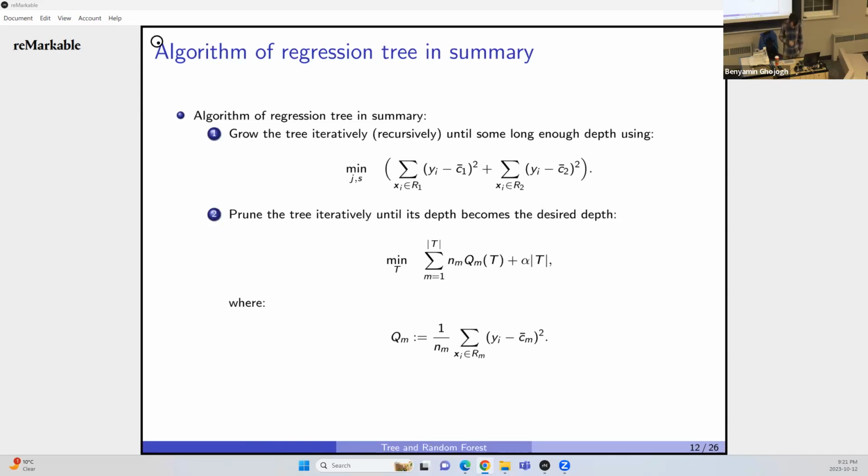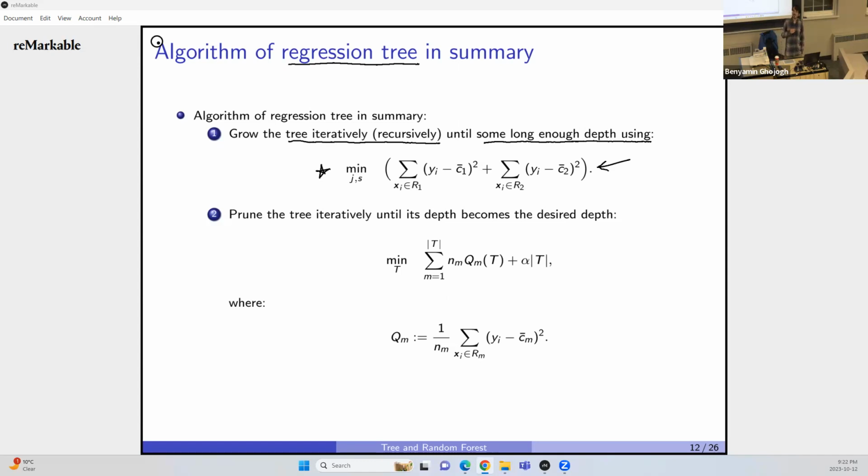Now, the algorithm of the regression tree in summary. Grow the tree iteratively, recursively, until some long enough depth using this. I didn't tell you how to do the optimization. Now I tell you. I want to find J and S, right? J is discrete, S is a float. If it was only S, maybe it would be easier. J is discrete, it's a pain in the neck.